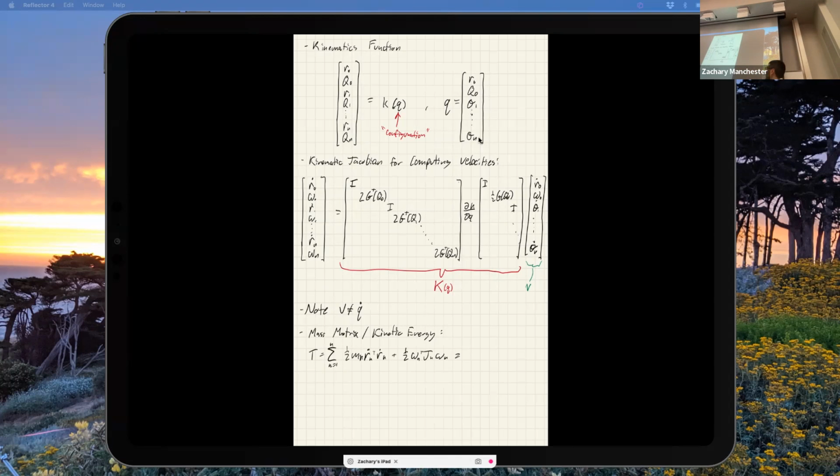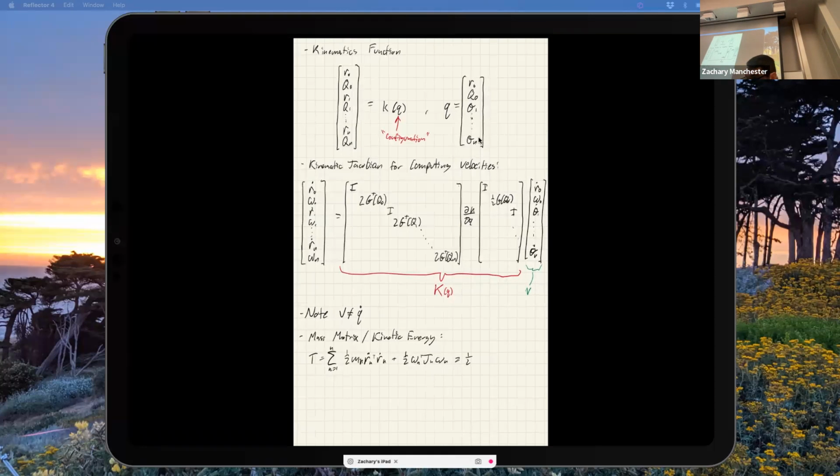So all we need to do is stack up all the r dots and omegas into this guy here, and use this Jacobian to write it in terms of this V, the joint space V or whatever you want to call it. So that whole thing looks like V transpose big K of Q transpose M bar K of Q V.